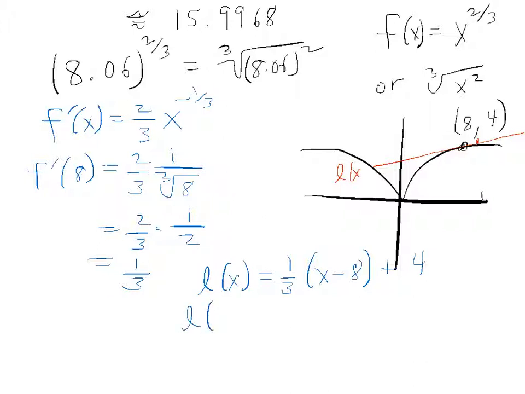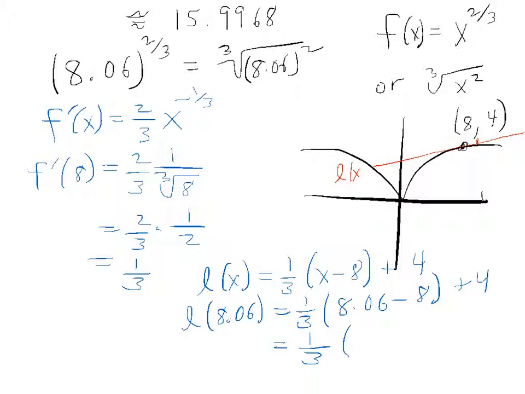So what's going to be really close to this is L of 8.06, which would be 1/3 times 8.06 minus 8 plus 4, and that's going to be 1/3 of 0.06 plus 4, which would be 0.02 plus 4. So approximately, this is pretty good, 4.02 would be 8.06 to the 2/3.